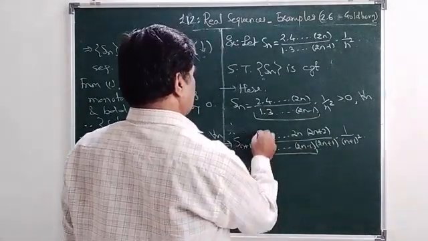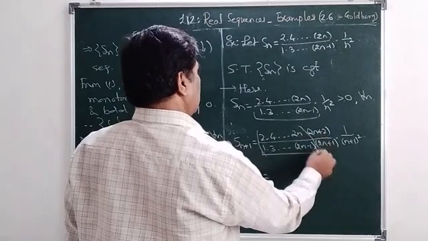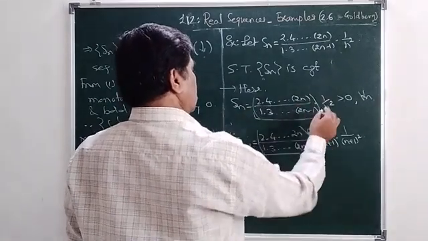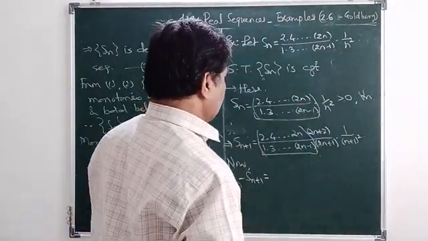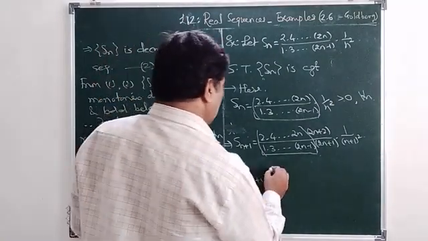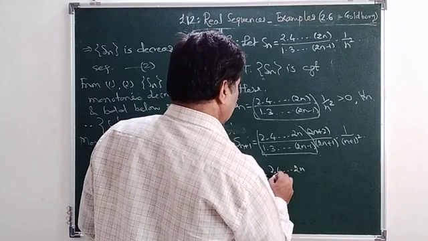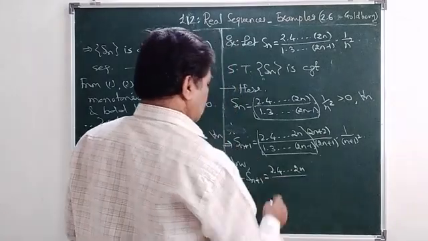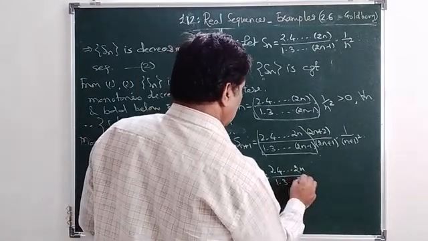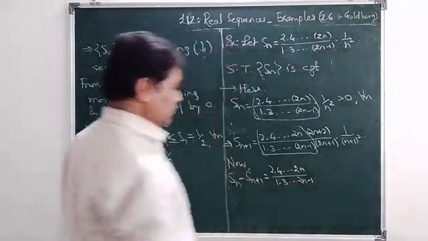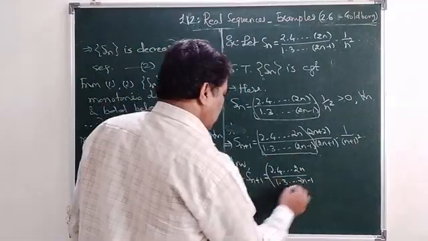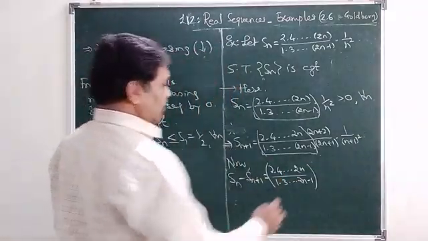okay, you can observe this part is common in Sn and Sm plus 1. So I'll take it outside: 2, 4 up to 2n upon 1, 3 up to 2n minus 1. We'll take this outside, in bracket.